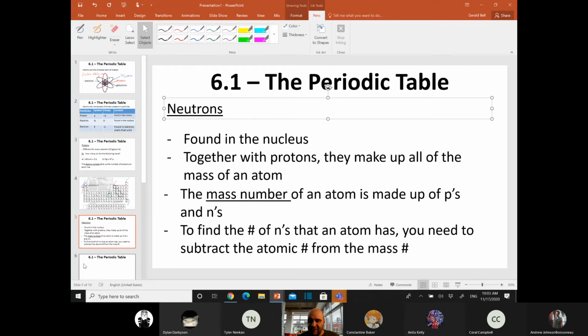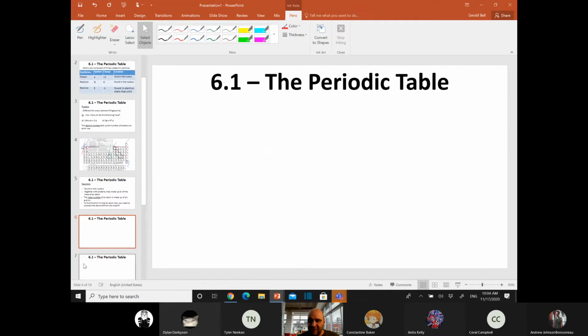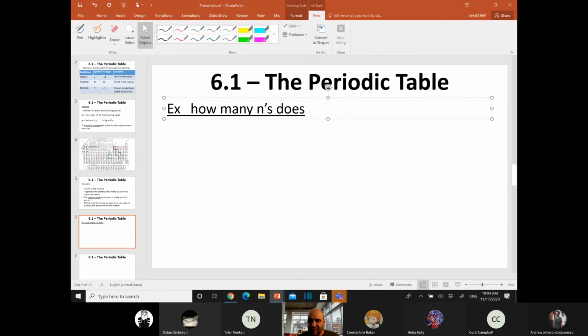So let's do that. So example. How many neutrons, how many N's does lithium have? Again, hopefully you guys like all the short forms I'm using.